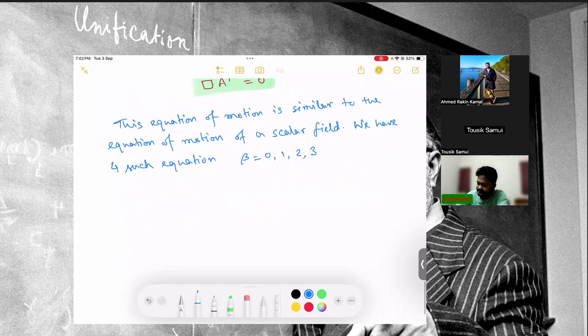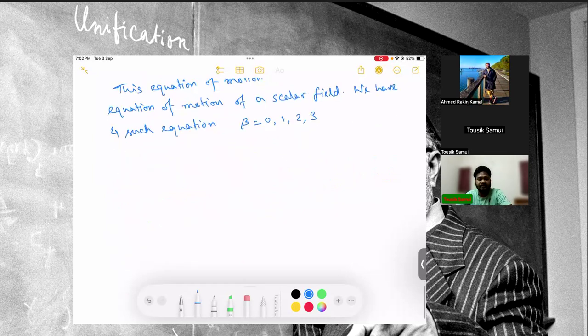So now, for the quantization, we first have to find the momentum operator, so let us try to calculate it here. The π^μ is again ∂L, this modified L, divided by ∂(∂_0 A_μ), right?